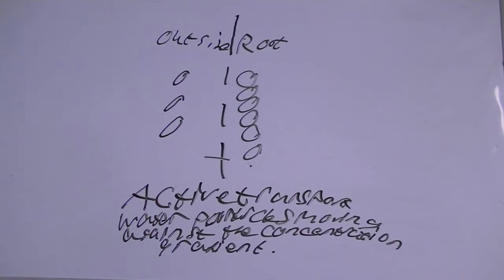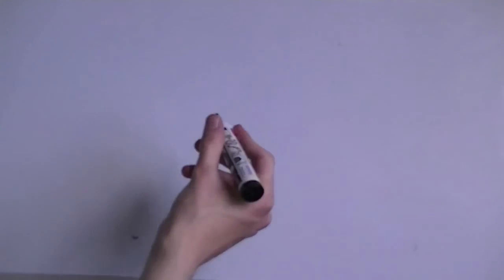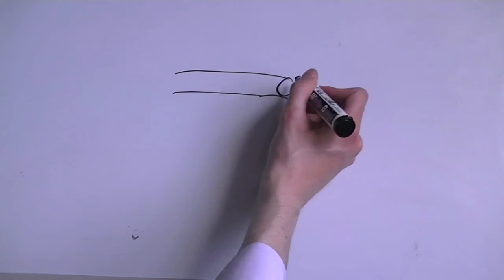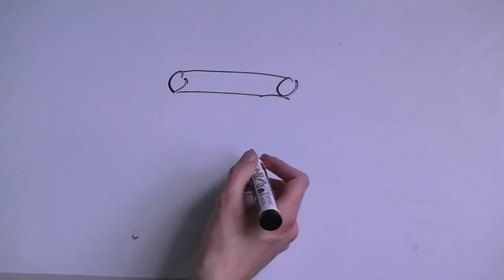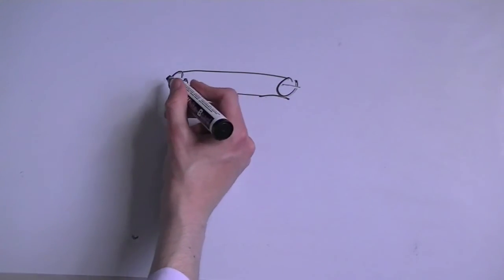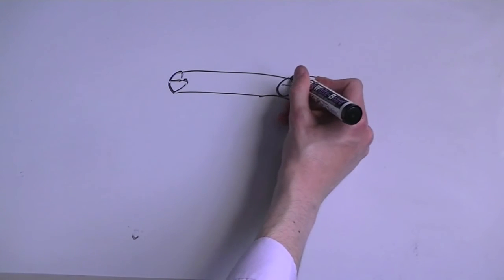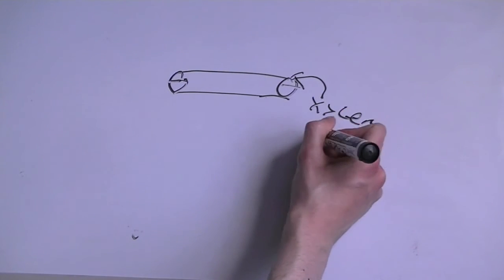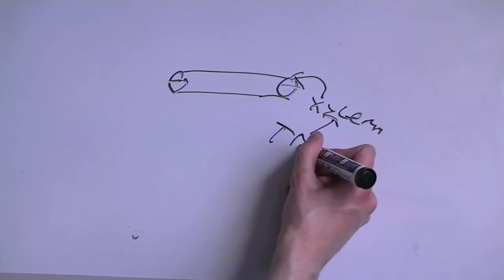So, that's osmosis. However, there are other movements in plants that occur with water. One simple one you need to know is that in the plant there is a tube known as the xylem. Okay? There's this tube that runs through the plant known as the xylem. And it's in the top section here. So it's basically half a tube. And it's on the top. It's called the xylem. Now the xylem is what transports the water around the plant.